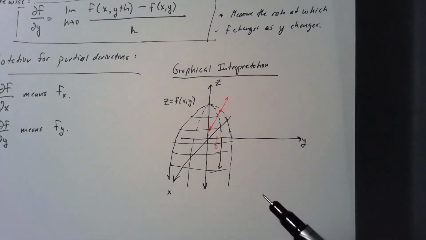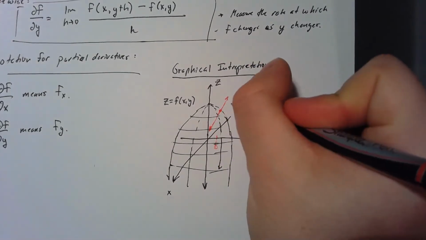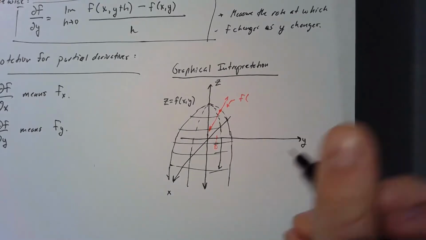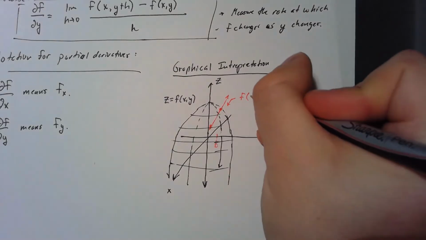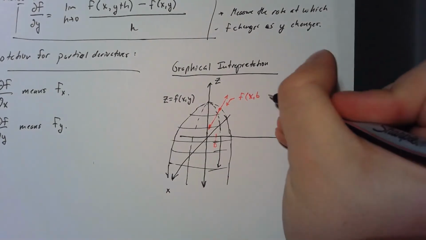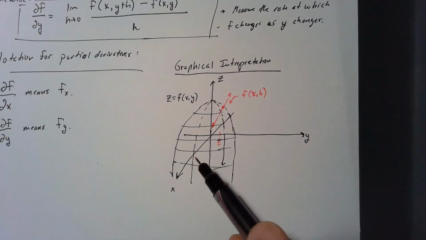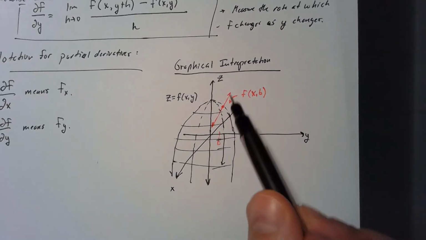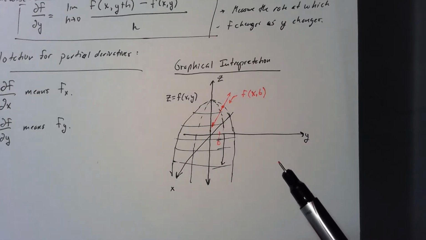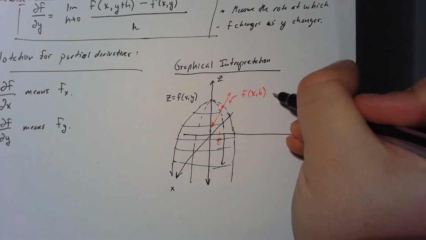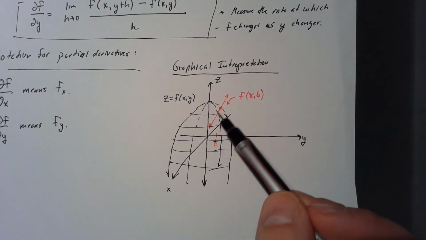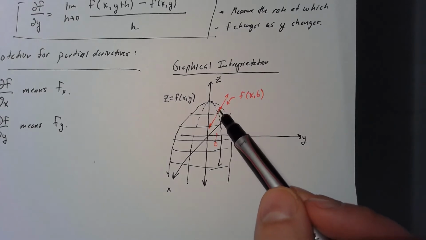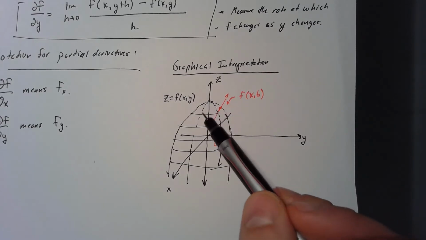So basically what's going on here is x is changing, but on y I'm at b. So this is x comma b. X is changing, but I'm at a particular point in the y coordinate, right? So if I want to find the partial derivative of the function with respect to x, I'm finding the slope of this line on this surface.